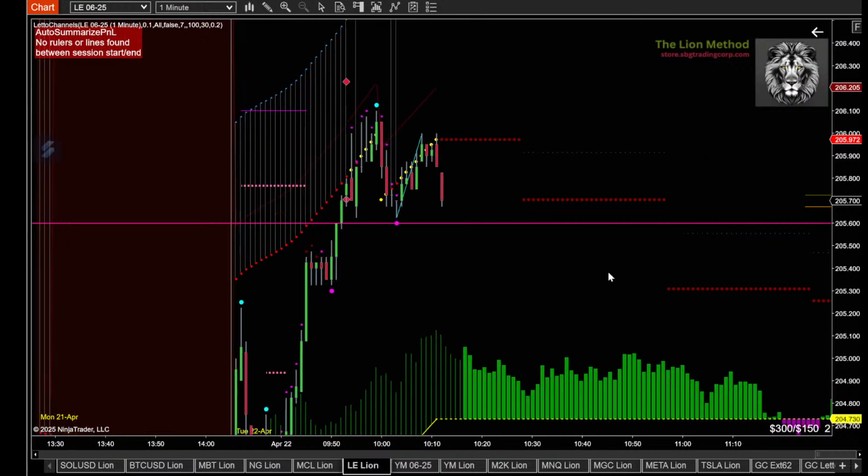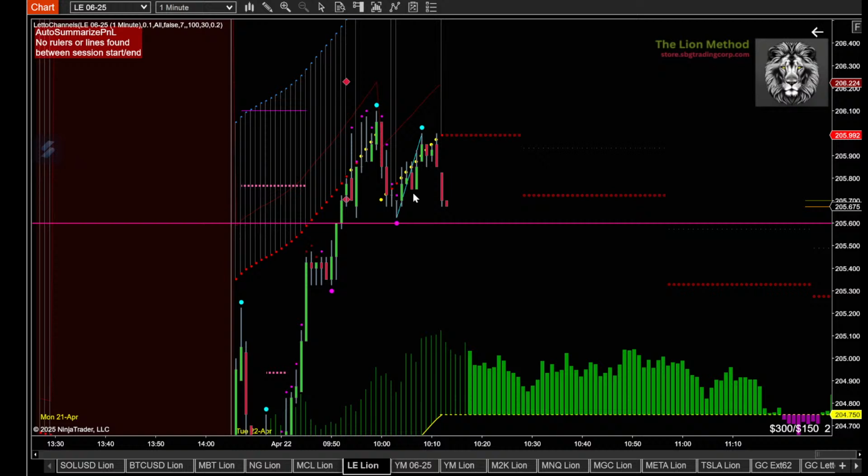cattle is making its move here. Cattle is dancing. So tendency has been up, so it doesn't have me super excited as a short possibility.